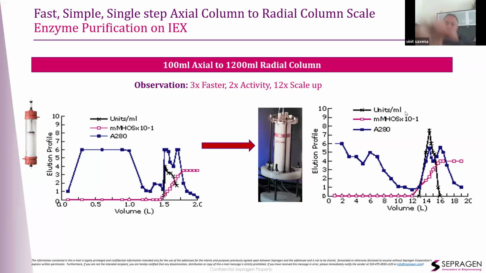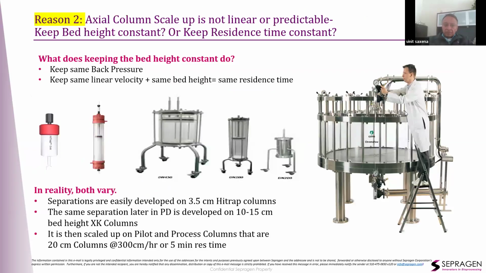So in many instances, that's a benefit, right? If you have slow processes, you can have more non-specific binding and impure product coming out. If your product is unstable, again, you lose your product if it's sitting a long time, or separation's taking a long time. So those kinds of things now can be eliminated by simply using radial flow columns.